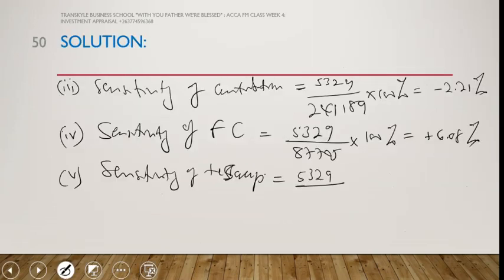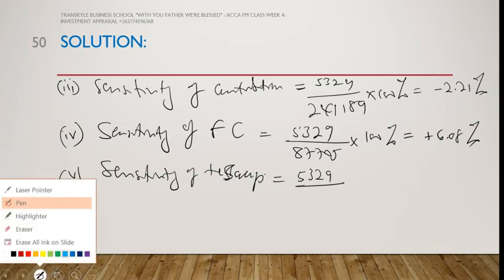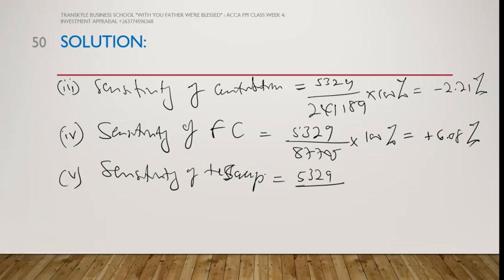So that's 1845. Always use the PVs. So 5329 over 1845 multiplied by 100%, and we are going to have a negative 289%.